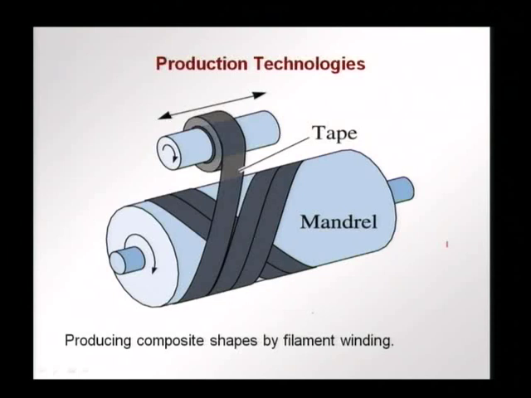We could also have circular sections that are needed. In that case, one of the technologies that is used to create this pipe like system is filament winding, where we have a mandrel of the desired inner diameter of the pipe spinning, and then a tape is now wound around it, and after the polymerization occurs you will have a pipe shaped element that can be used to give the element that we want.